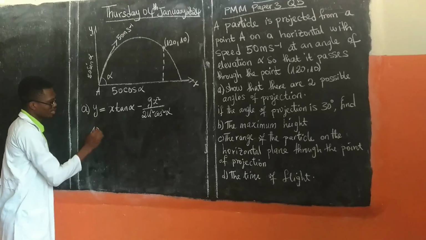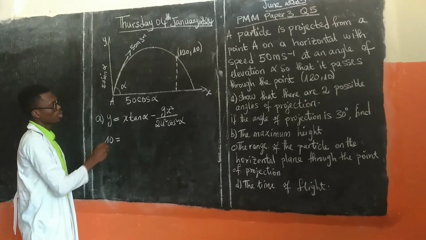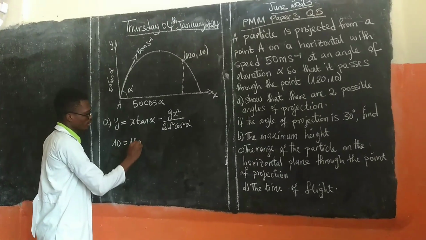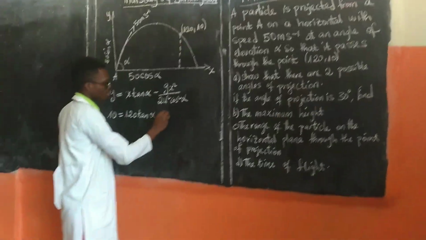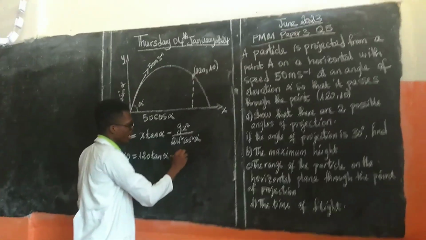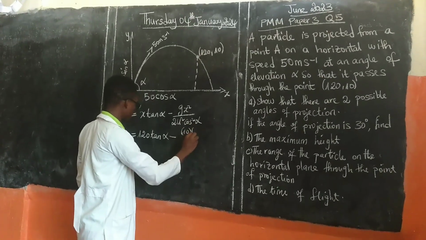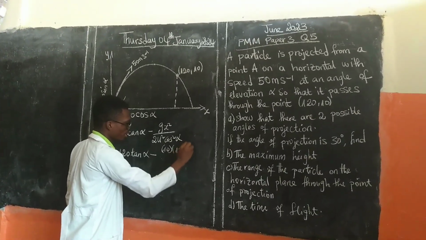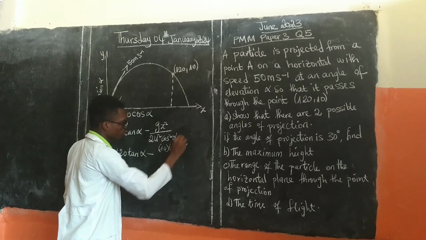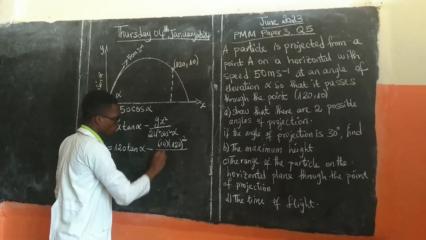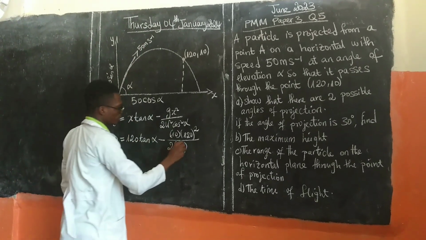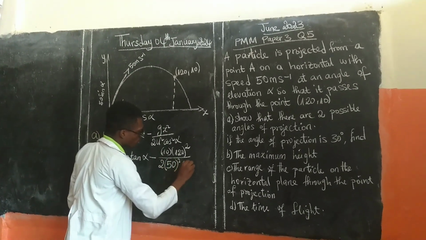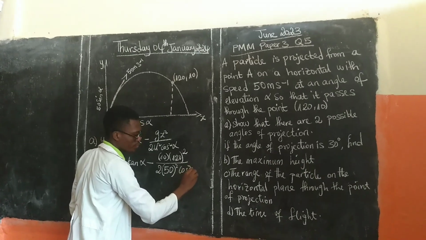So y here is 10, equal to x, 120, tan alpha, minus g x squared, that is 10 times 120 squared, over 2 u, where u is the speed, 50 squared, cos squared of the angle.